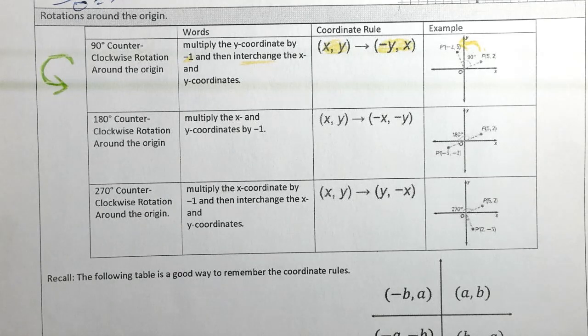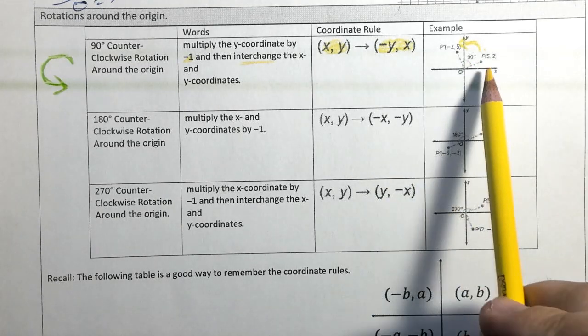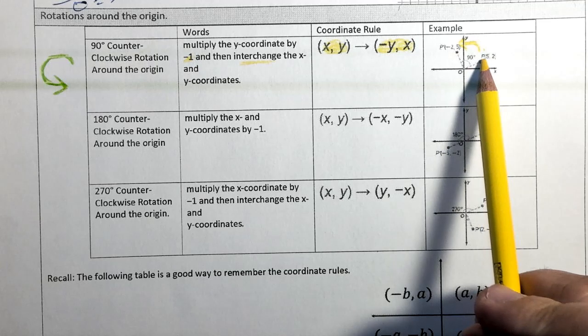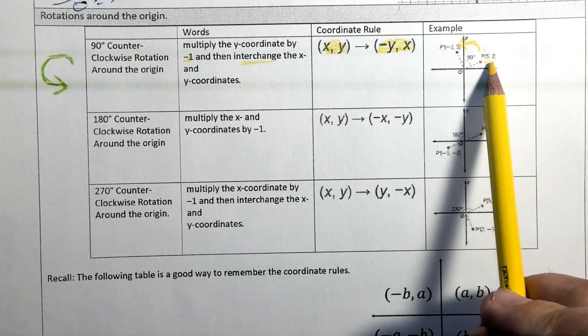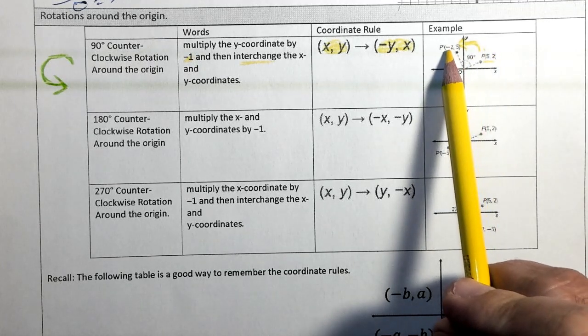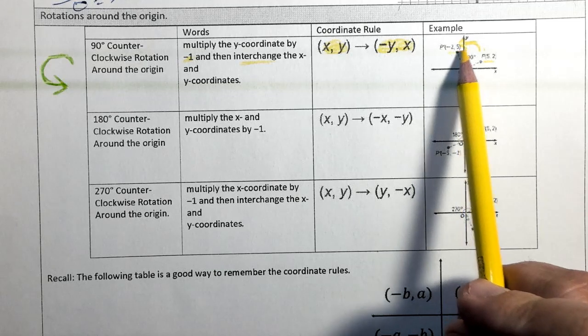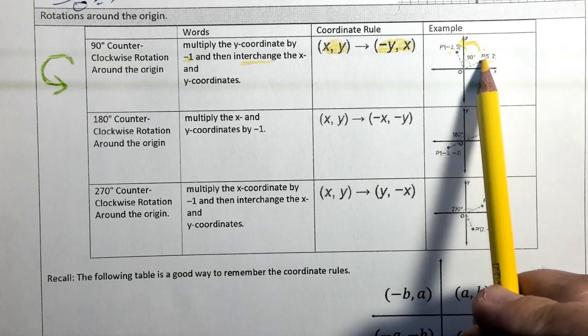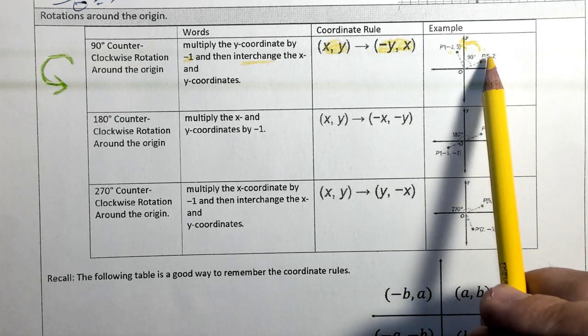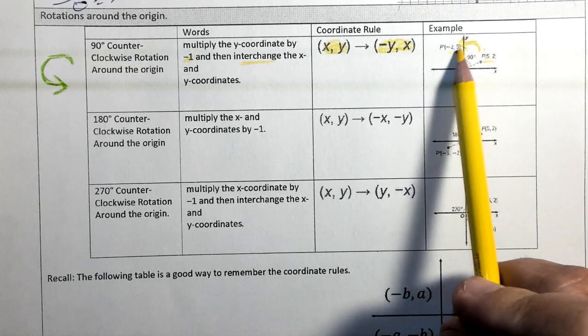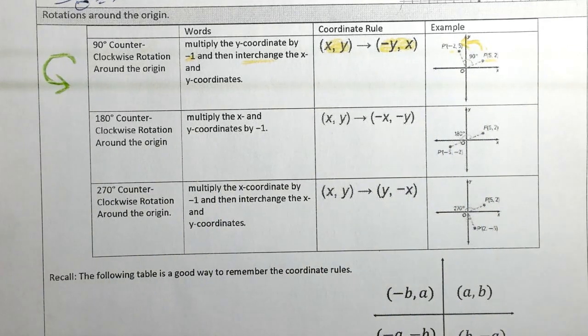That's my hope. So look what happened here. When we rotated 90 degrees, P at 5, 2, the 2 went up front and became negative, so -2, and then the x went from the front to the back. So 5, 2 became -2, 5, just like it said.